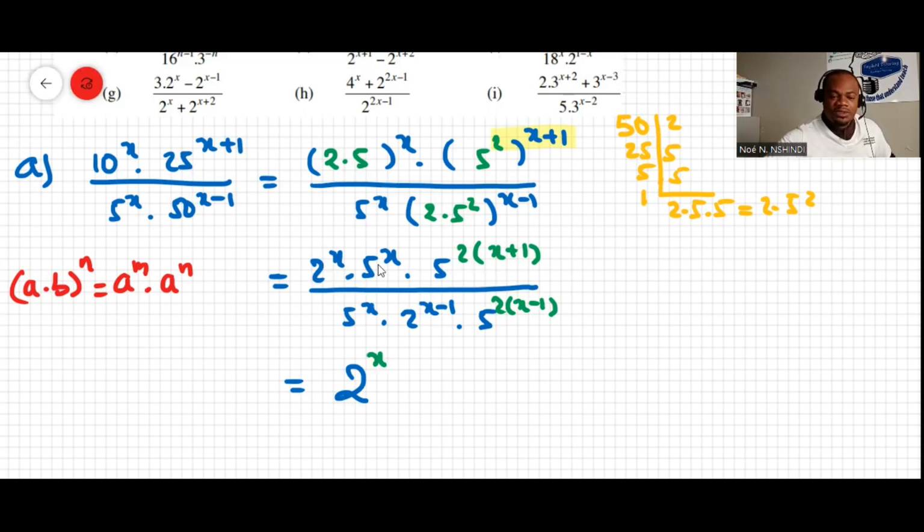I don't see any, so that's all. Then I will subtract the exponents of the base 2 at the denominator. Here, for instance, it's x minus 1, so I'll say minus open bracket x minus 1, because I will subtract the whole thing. Then I'll multiply by 1, 5, and do the exponents here, okay?